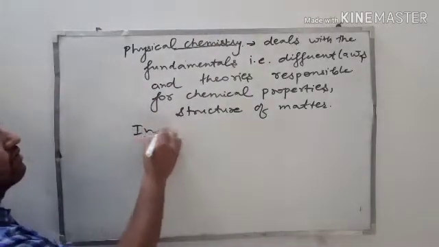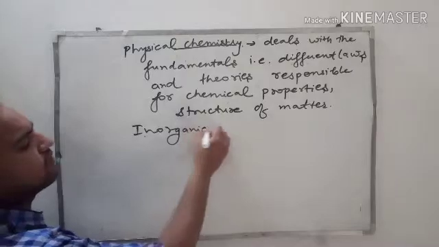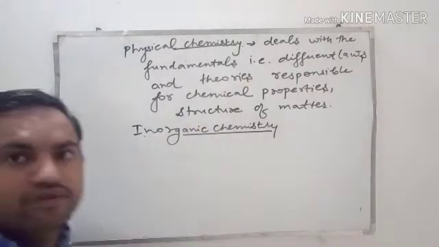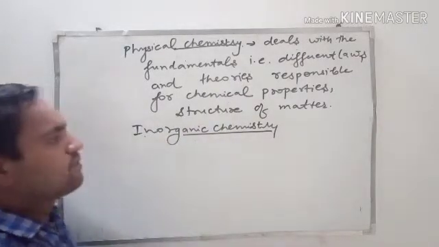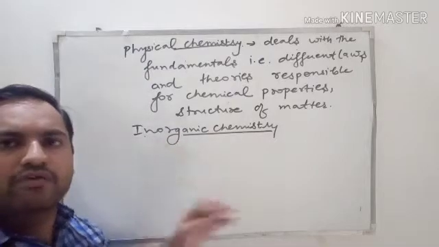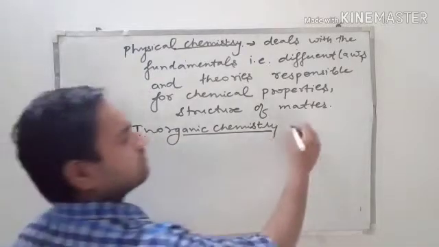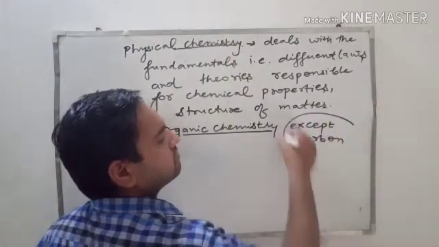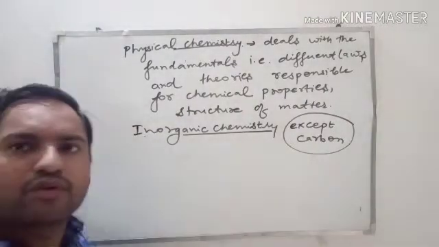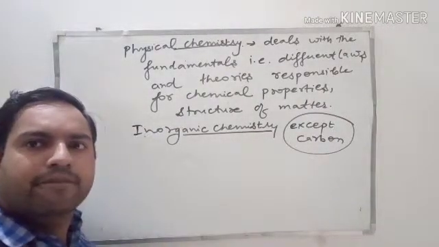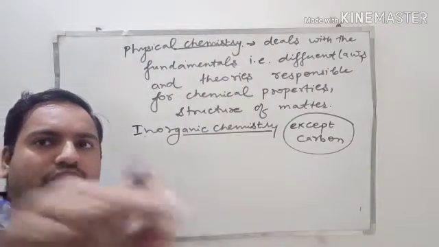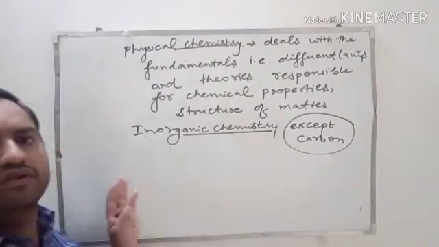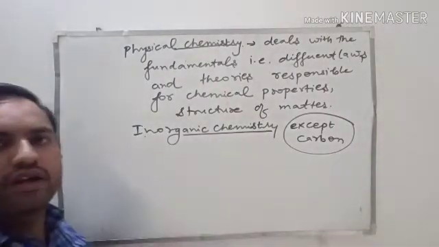Now next is inorganic chemistry. What is inorganic chemistry? The branch of chemistry that basically deals with all the elements found in earth crust, except carbon and its compounds. Except carbon and its compounds, all the different compounds basically will be in inorganic chemistry.